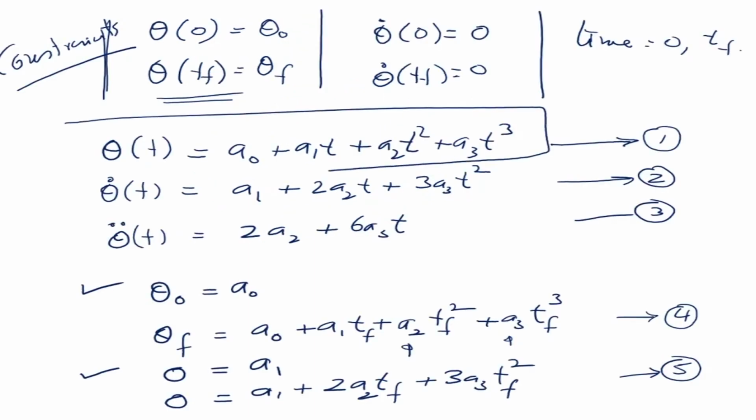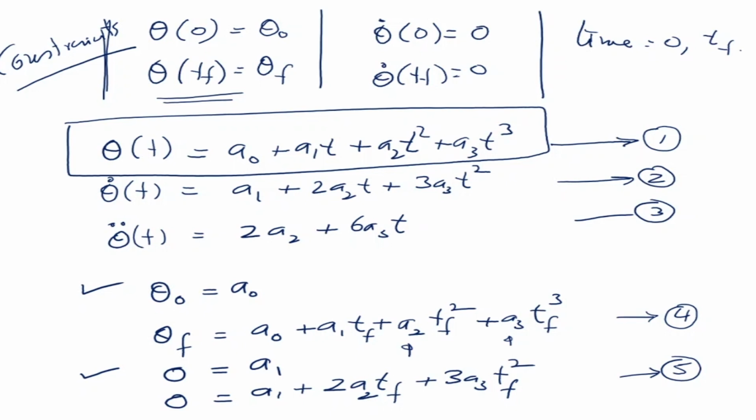So for a manipulator joint to move from theta naught to theta f in time tf, we can find the coefficients a0, a1, a2, a3 and put them in this equation to get the trajectory of the joint, and then we can plot. How do we plot? We can put small increments of time, say 0.1, 0.2, 0.3, and see how the position, velocity, and acceleration are changing. So let's do that.